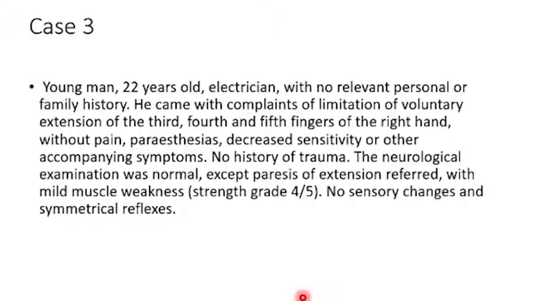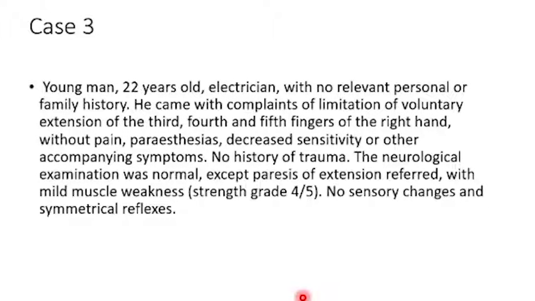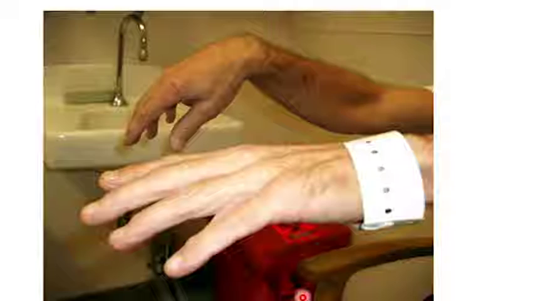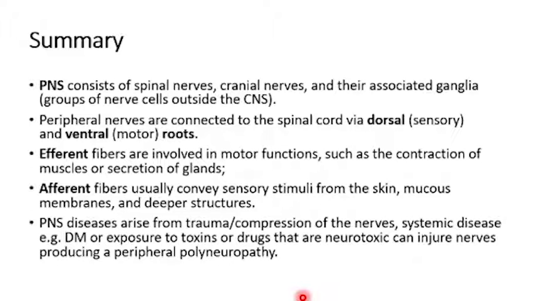He's unable to extend his third, fourth, fifth digits, and which nerve supplies that? Radial. Finger extensors are supplied by radial. A claw hand is ideally an ulnar nerve. It's not claw, it's wrist drop.